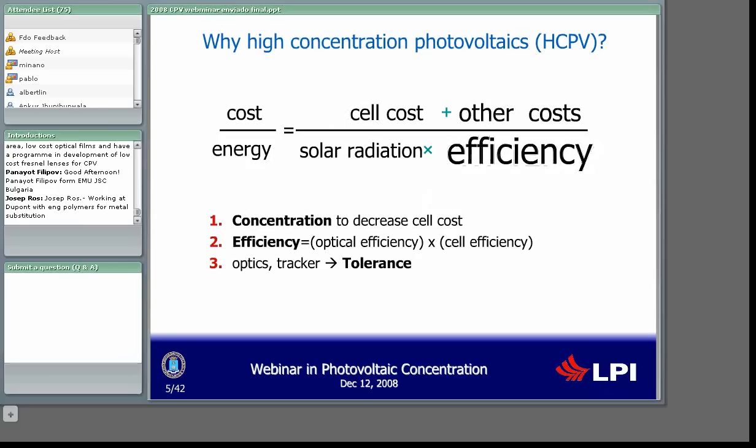There are also other costs associated with the use of concentration, such as the tracker or thermal management, etc. And also more accuracy may be needed, affecting the solar radiation. Only direct radiation is useful for high concentration systems, and that could be a significant percentage of the global radiation.